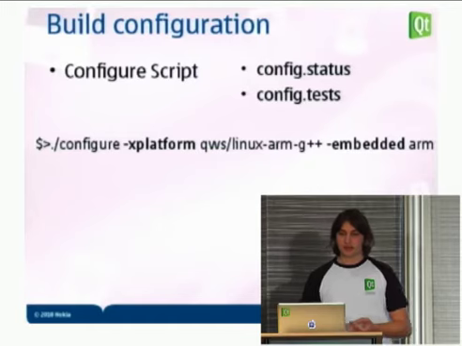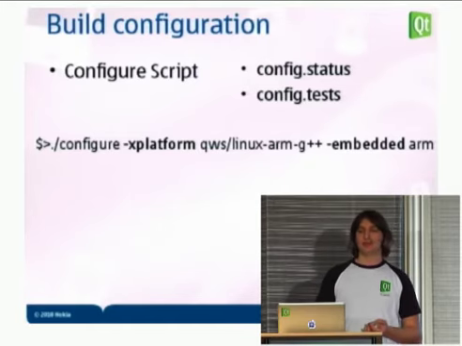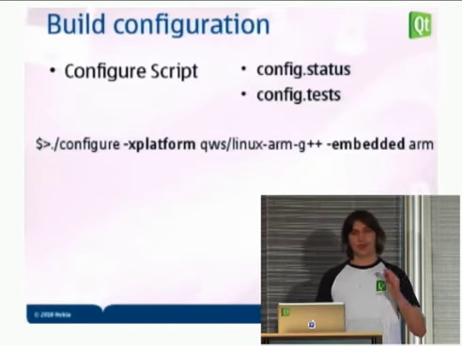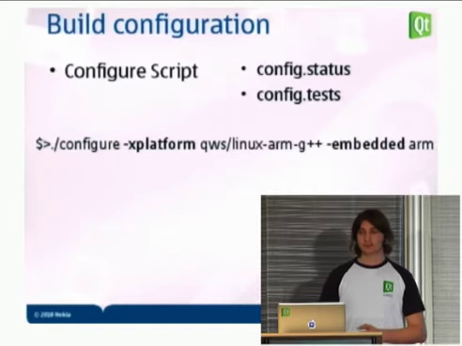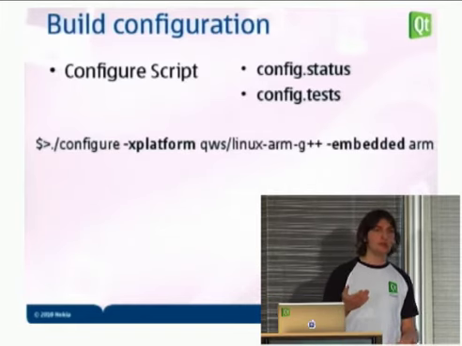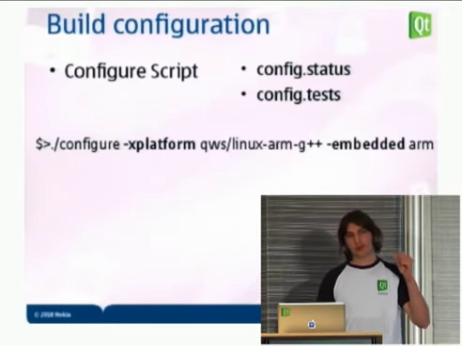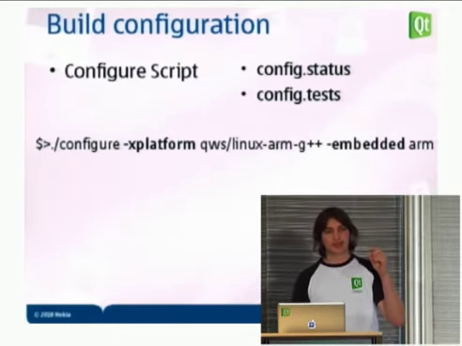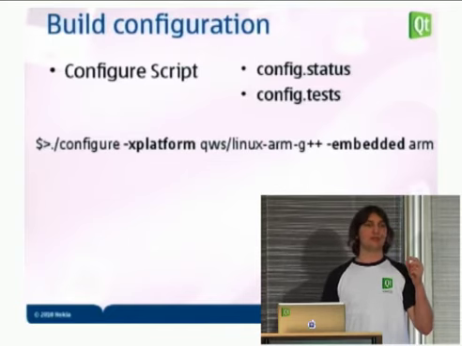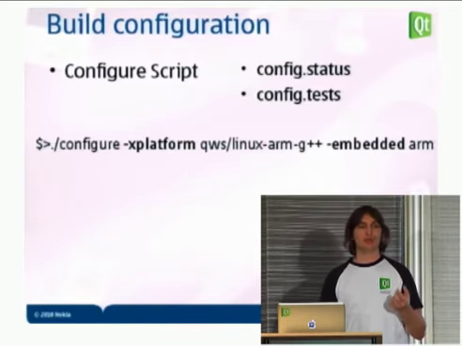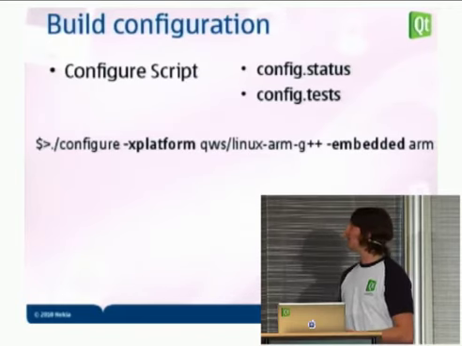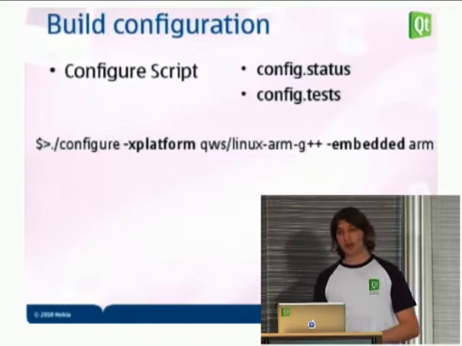The configure script, after issuing that, will create qmake and does a lot of testing. And at the end, you will see an output showing which modules are going to be built. The modules that are going to be built will depend on the tests that have succeeded. And all those tests are in config.tests. That's a subfolder.